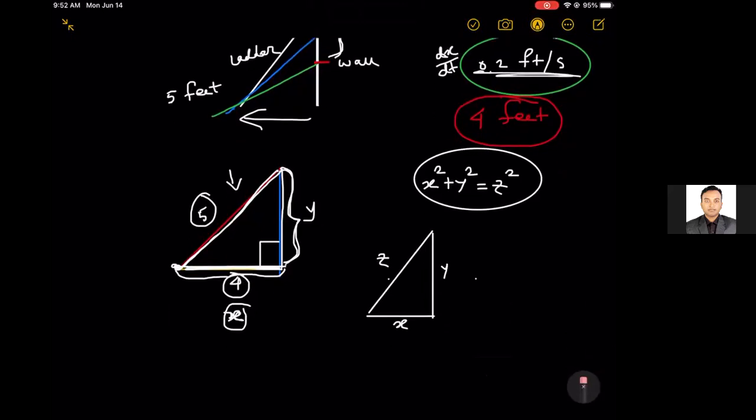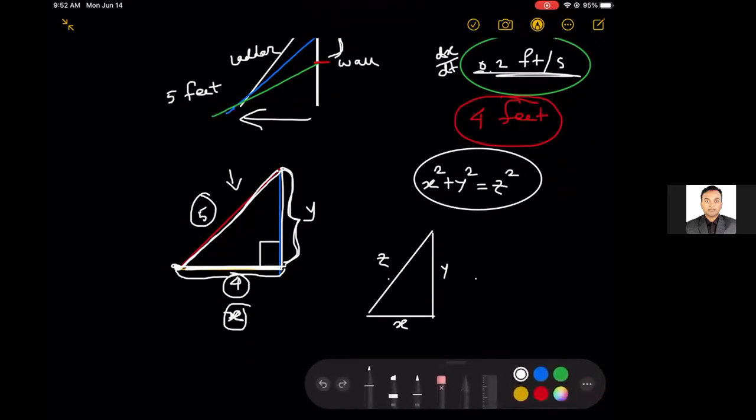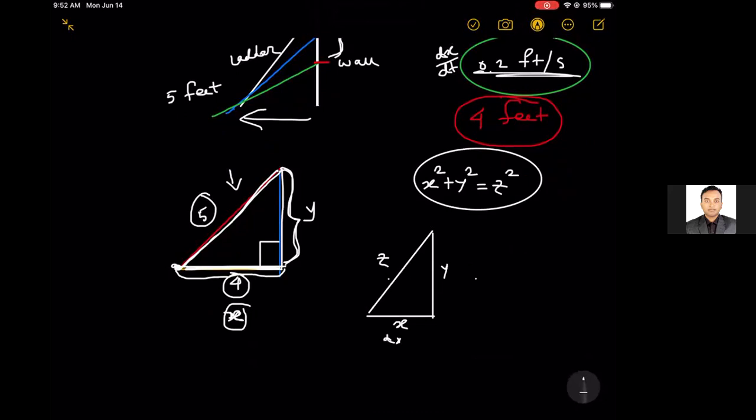We know the rate of change in this direction. We know dx over dt is 0.2. I'm just setting up the entire question to see what we're actually looking for. And we want to find the rate of change of this. So these are the informations we have, and this is what we need to play with.